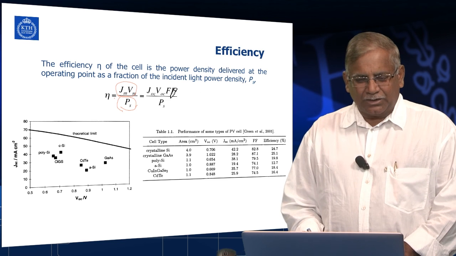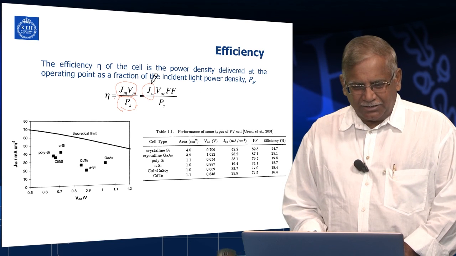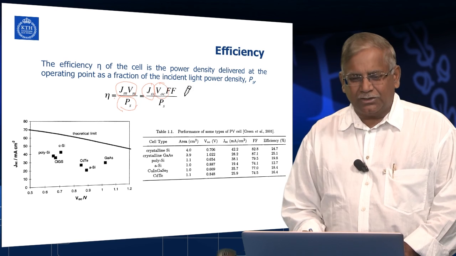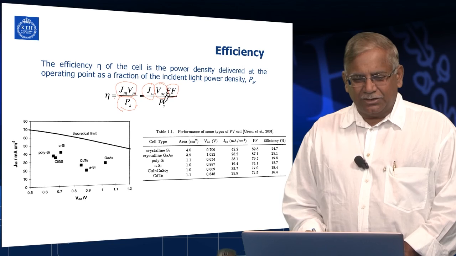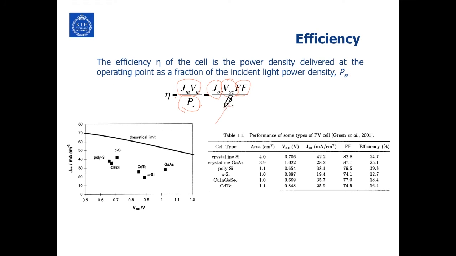And this we can write in terms of these quantities, because for a given cell the technical specification will give you these two quantities, and they also give you the fill factor. So, when you know these quantities, the input to the cell is this, and dividing this one by this will give you the efficiency.